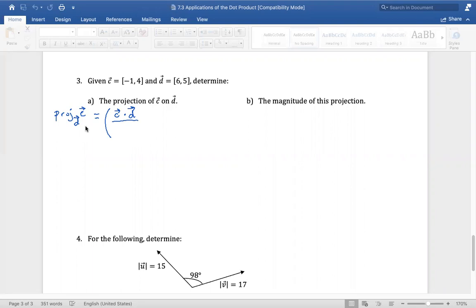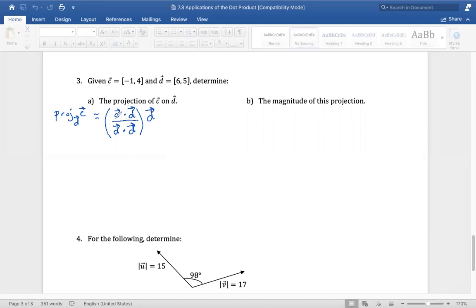Your C vector dotted with your D vector divided by my D vector dotted with my D vector. What I was saying was whatever is the subscript there. Multiplied by your D vector.